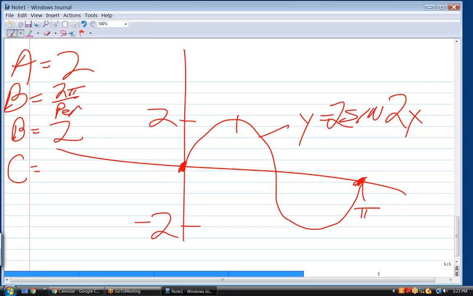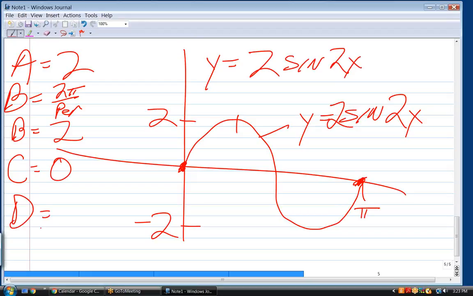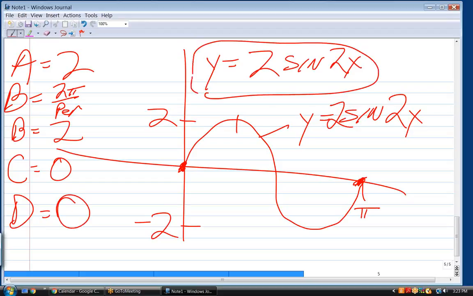Well, if I use sine, I have 0 phase shift. So at the moment, my function looks exactly like that. Is there any vertical shift? No. That is the function of the curve you're looking at.